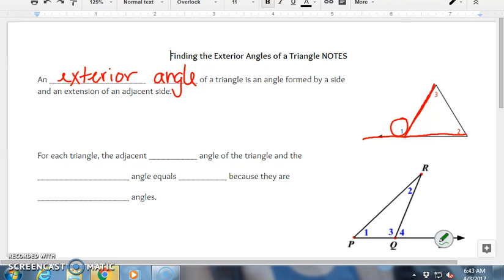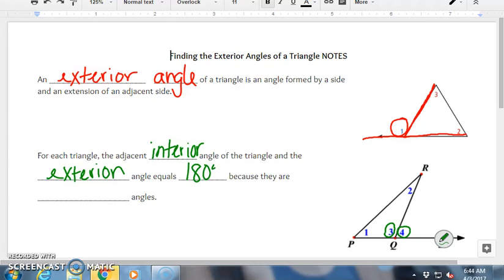For each triangle, the adjacent interior angle of the triangle and the exterior angle, so that's, in this triangle, that would be angle 3 is the interior angle, and then angle 4 is the exterior angle.